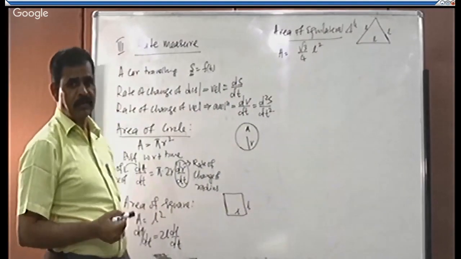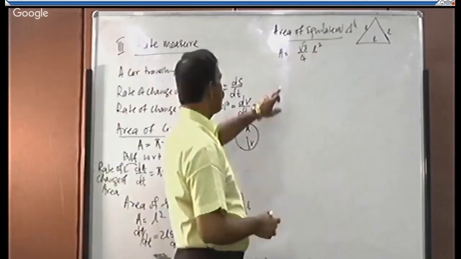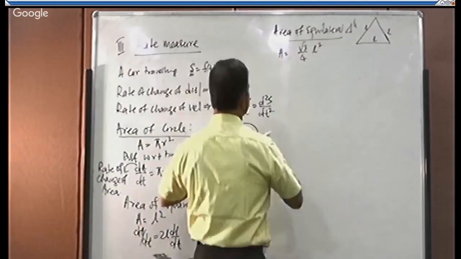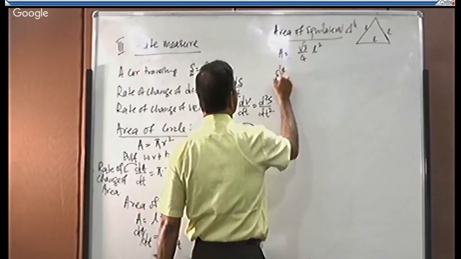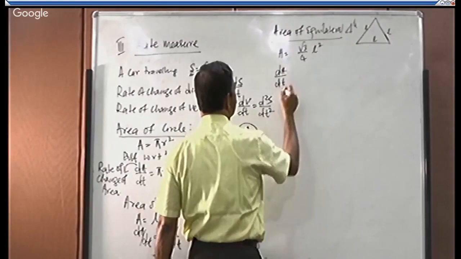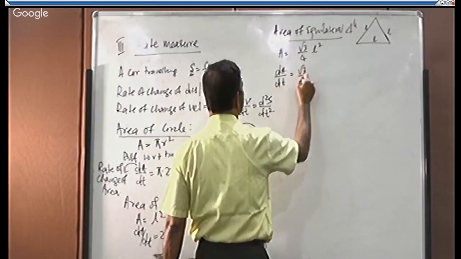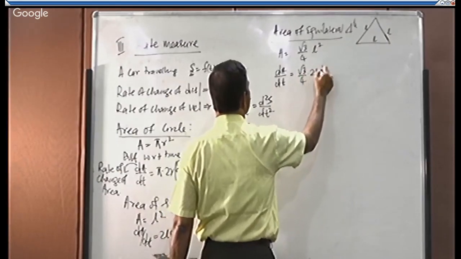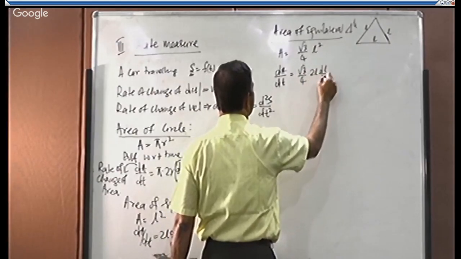If I take side as A, it will become root 3 by 4 A square. After differentiating with respect to time, I will get dA by dt is equal to root 3 by 4, and for L square, it is 2L into dL by dt.